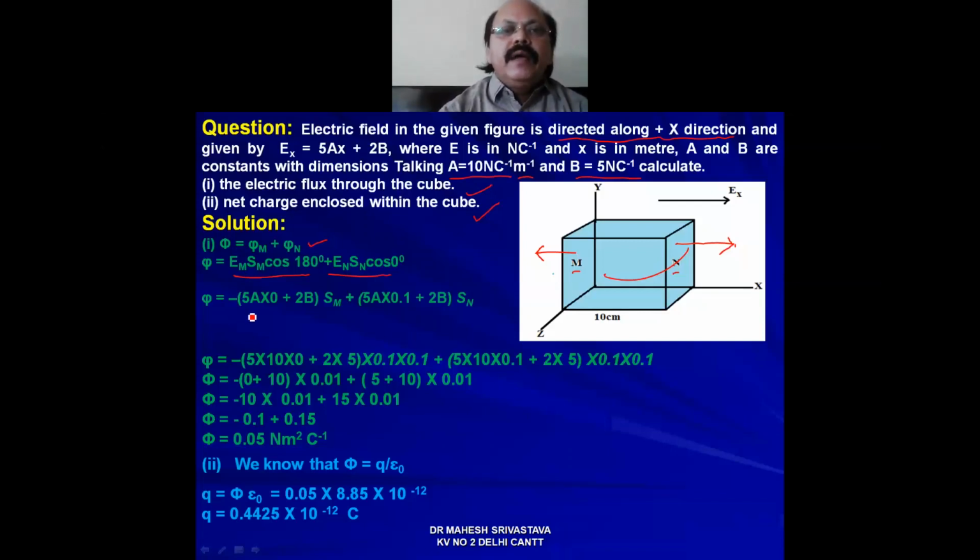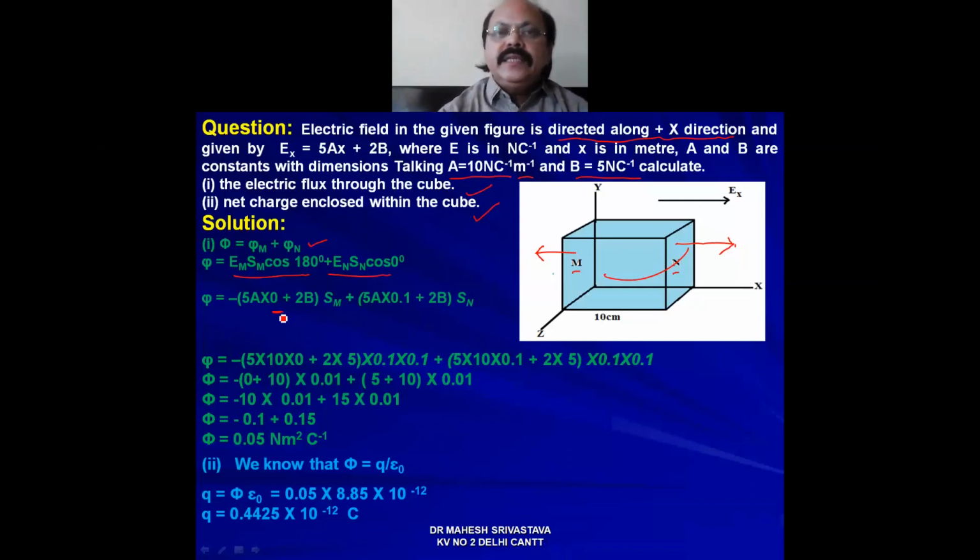Since cos 180 is minus 1, that's why in the next step phi is equal to minus, within bracket, the value of electric field 5A, and in place of x is 0, since the M surface is at the origin of the cube. So x is 0.